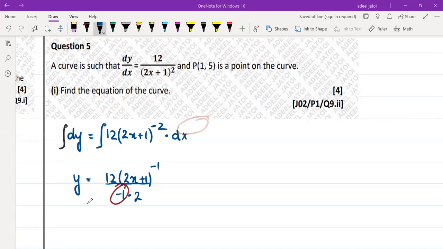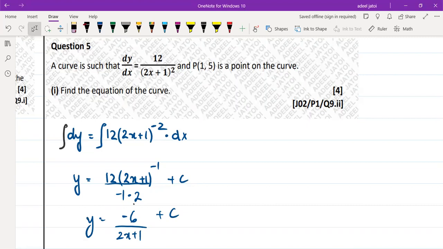Minus 1 comes down in the denominator, and then we differentiate the bracket, 2x plus 1, the answer is 2. So normally in differentiation we used to multiply, now we'll be dividing. So minus 1 into 2 is minus 2, plus c. So y will be minus 6 upon 2x plus 1 plus c.